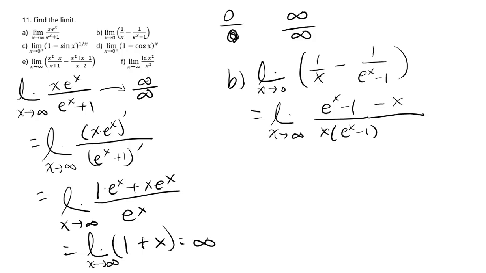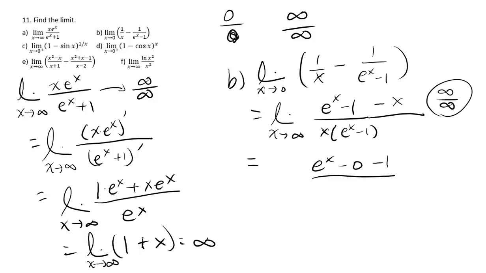Once again, when you plug in infinity, this will be e to the infinity, which is infinity. And again, e to the infinity, so this will be infinity over infinity type. You have to remark that in order to use L'Hopital's. If you differentiate this, it's e to the x. If you differentiate negative 1, it's 0. Differentiating negative x gives you negative 1.